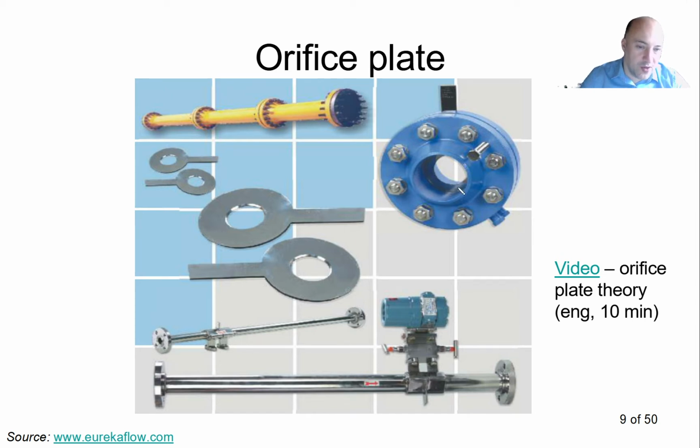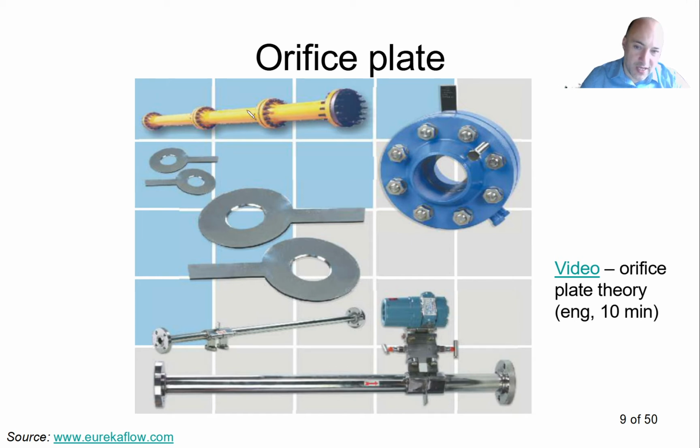So here is the orifice plate, that's this one, and here those screws allow us to disassemble this assembly and to remove the orifice plate and eventually replace it. And here you can see some installation examples.